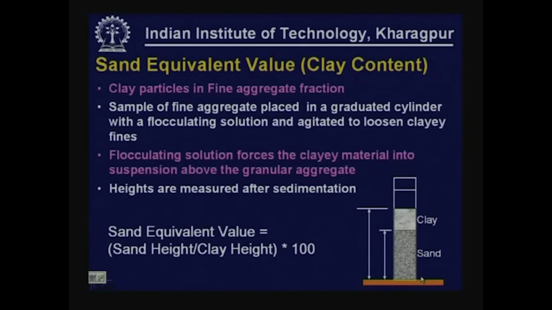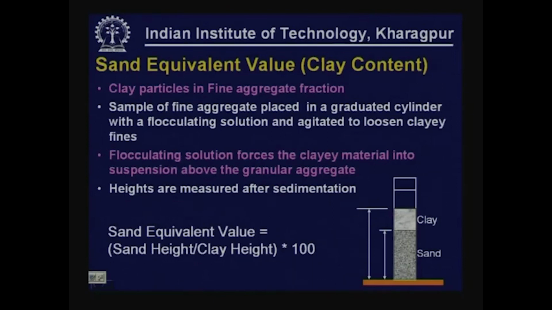Similarly, we have another parameter that we use normally for determining the clay content in fine aggregates. A sample of fine aggregate is placed in a graduated cylinder with flocculating solution and agitated to loosen the clay fines.